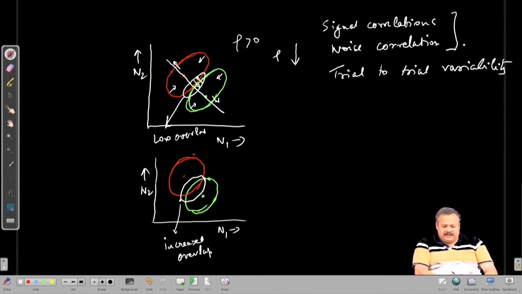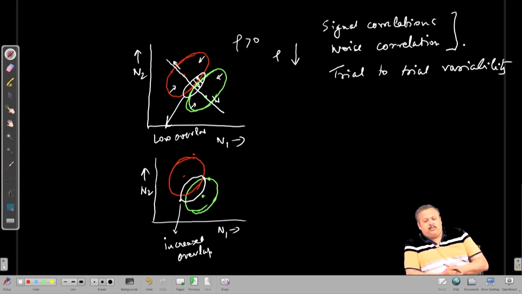Now this whole thing can be extended to a population of neurons in a higher dimensional space, and you can imagine how different combinations of signal and noise correlations and multiple stimuli may influence decoding based on even just rate responses. How the responses vary over time also plays a role in decoding in the case of a population of neurons.